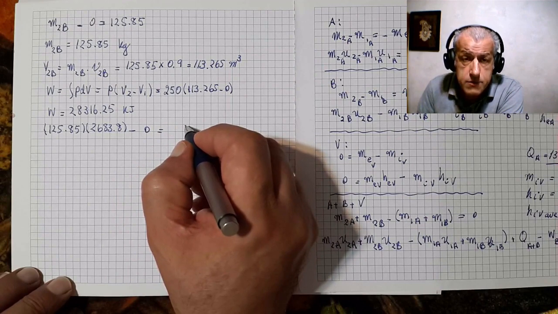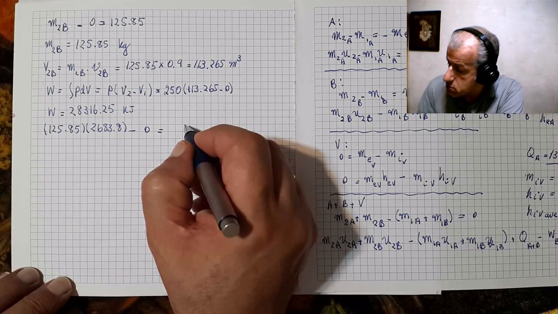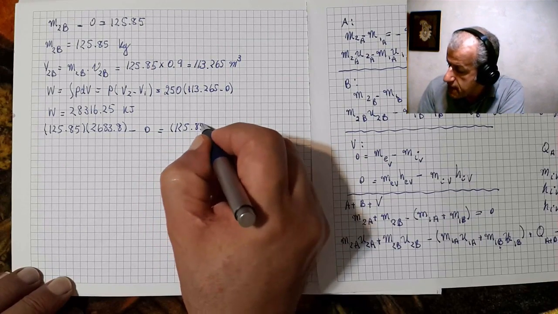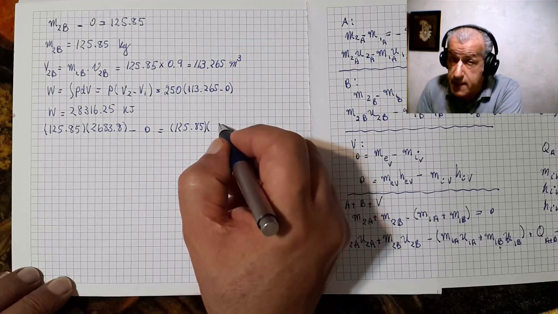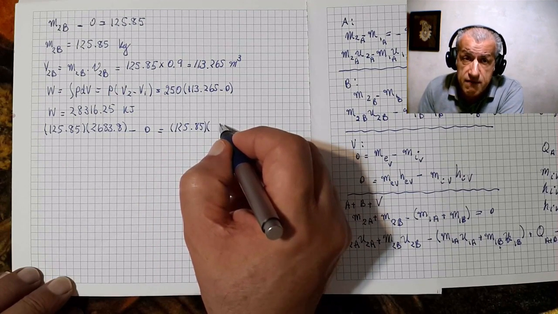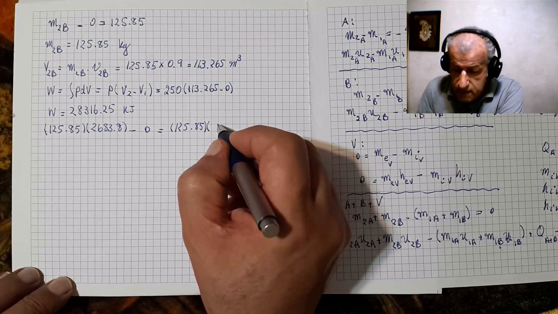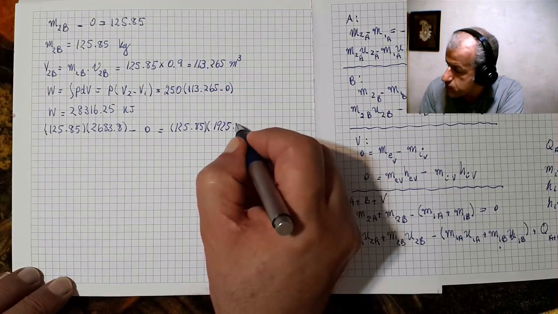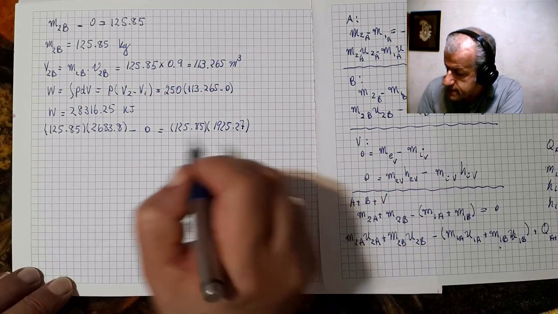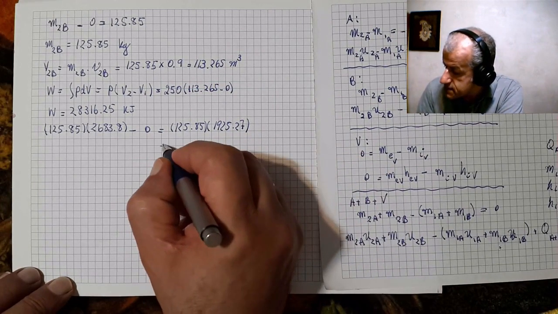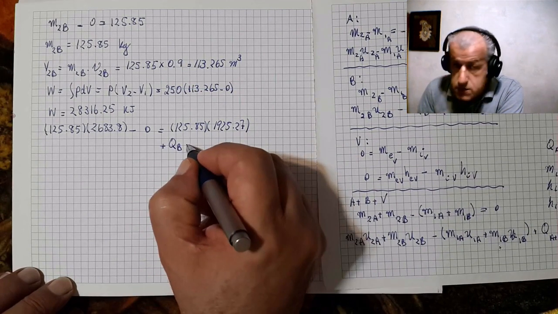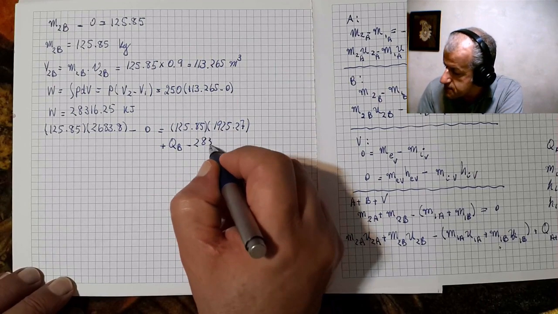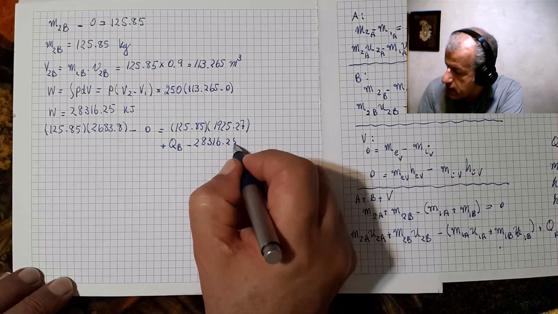equals the mass that enters B times its enthalpy, which would be 125.85 times its enthalpy, which is that average enthalpy leaving the valve and also entering the valve. We have discussed it, 119.27. And there are two further terms, plus QB and minus work, which is 28,316.25.